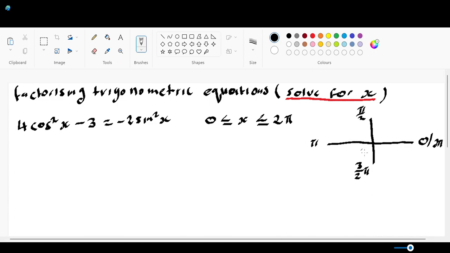So yes, guys, in terms of pi, basically these are the coordinates. Half pi is like 90 degrees, pi is like 180 degrees, 3 over 2 pi is like 270 degrees, and 2 pi is like 360 degrees.